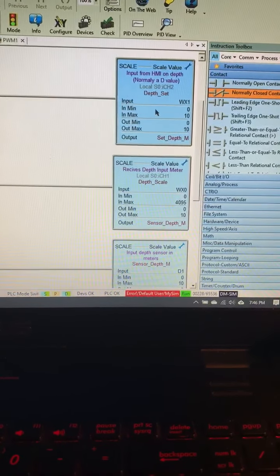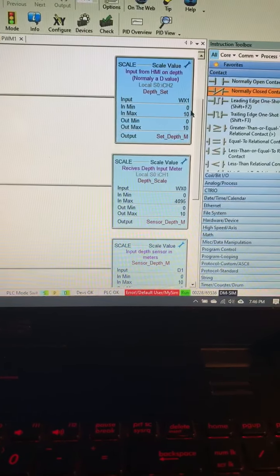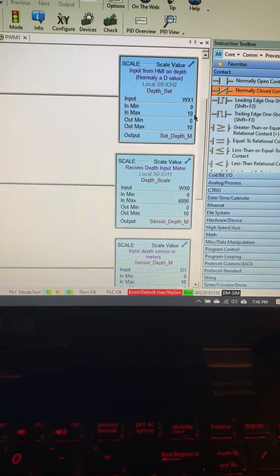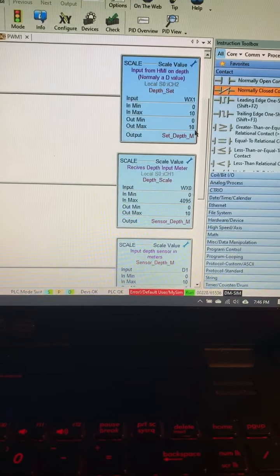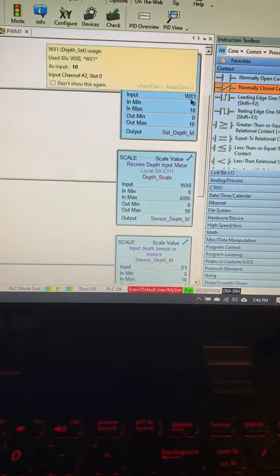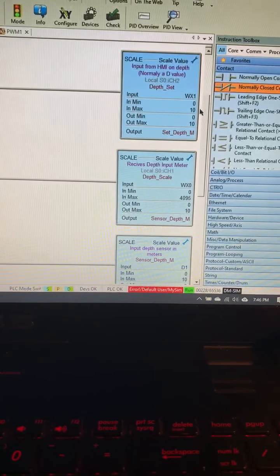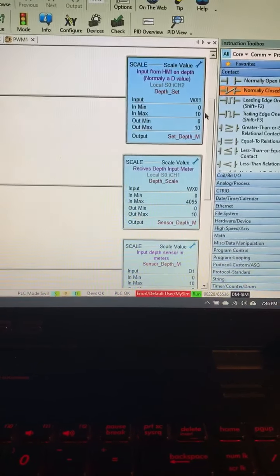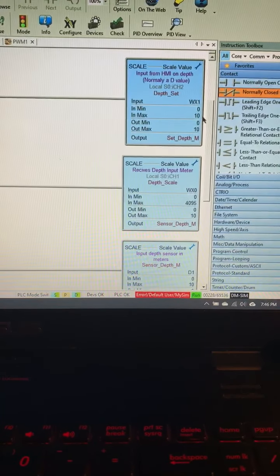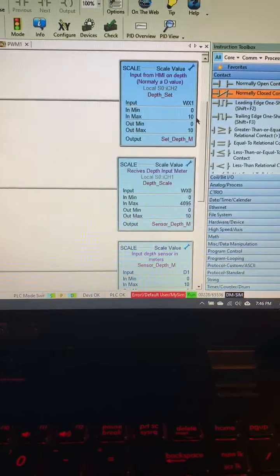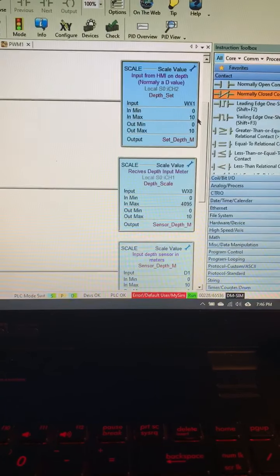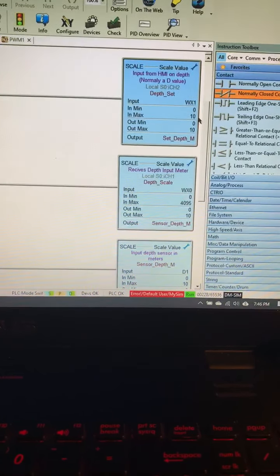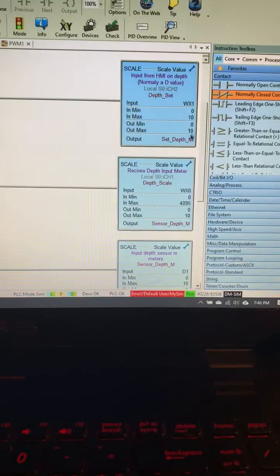So you input 0 to 10 in meters, and it outputs 0 to 10. I've done this with WX1 just so we could use it in the simulator, but if this was real world, it would have one of the memory bits being used to communicate with the HMI, but I do have it set as a memory bit on the HMI.